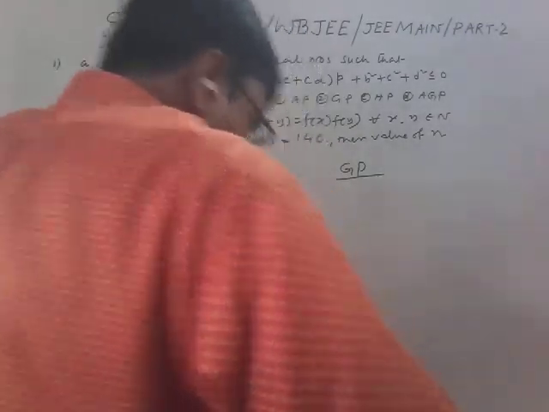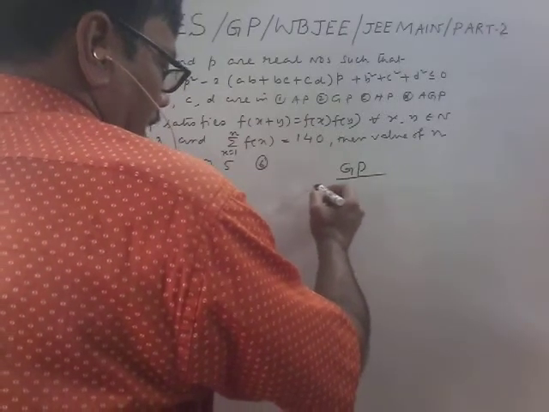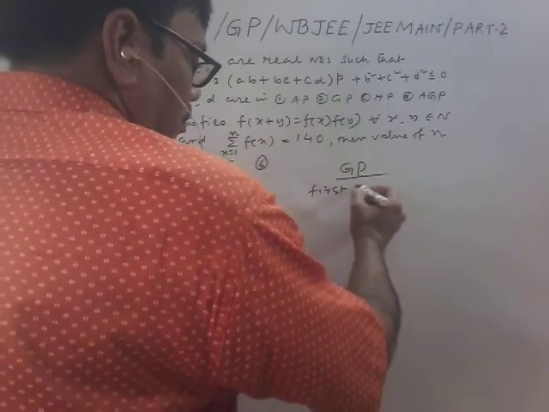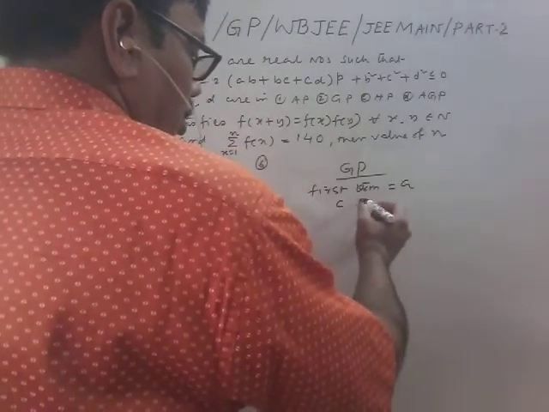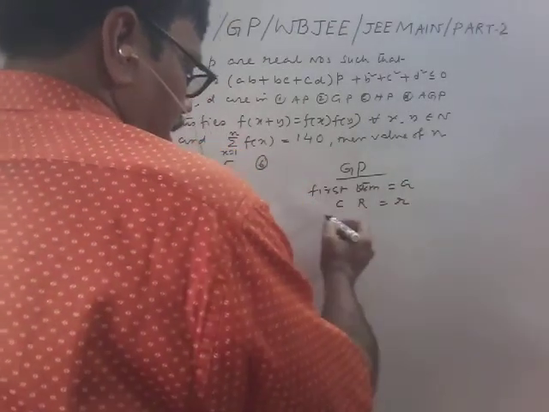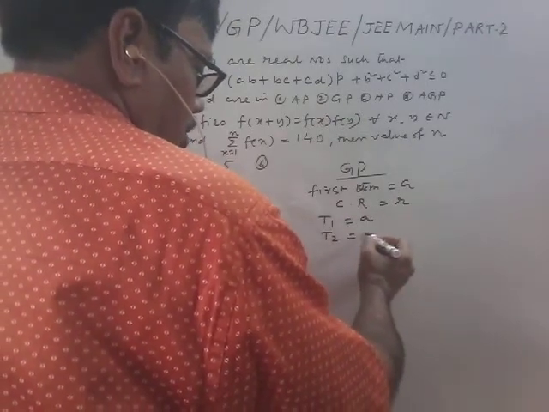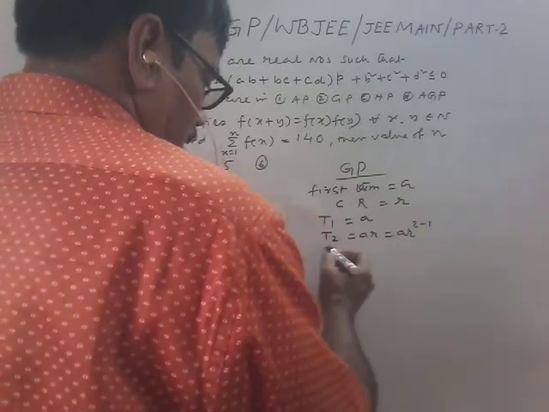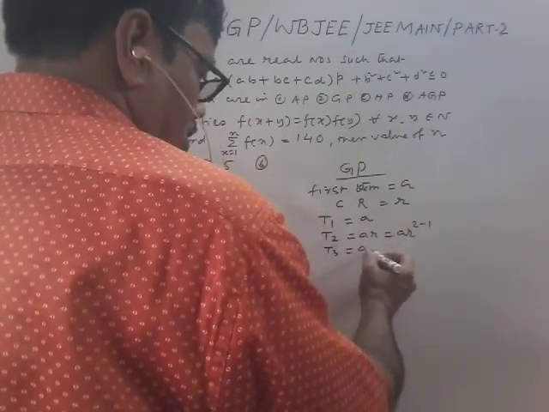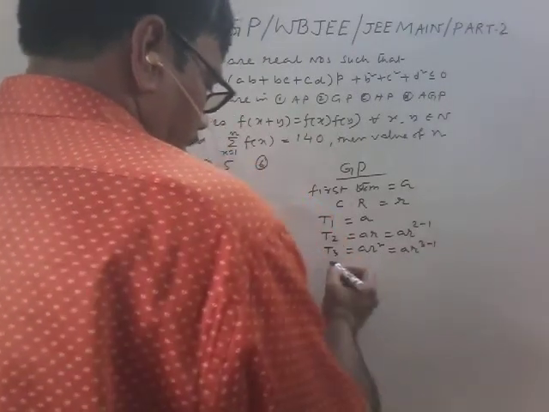Now, nth term of GP. The first term is A. Common ratio is R. Then we know T1 equals A, T2 equals AR, that is AR to the power 2 minus 1, T3 equals AR square, that is AR to the power 3 minus 1.